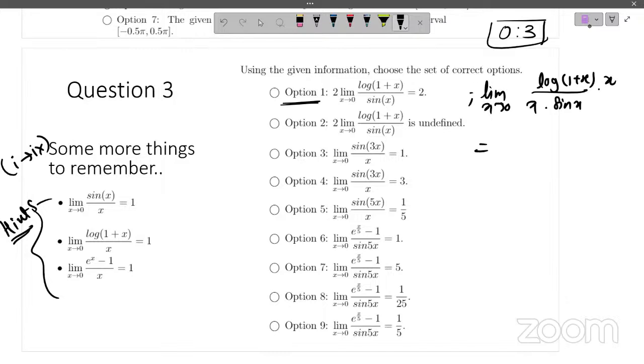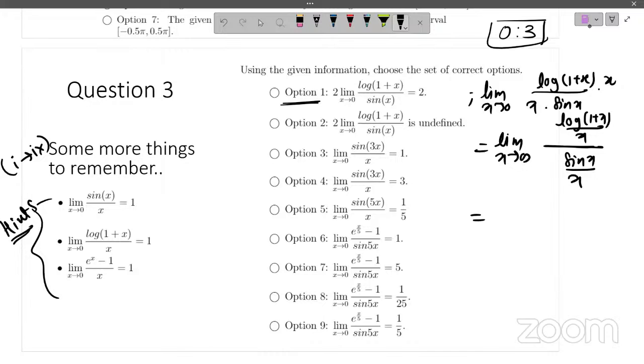Now here you get some intuition: instead of sine x by x, we have x by sine x. So we will try to split them up. It becomes log of 1 plus x by x, and sine of x by x, right? Now this is something like an by bn case, where we know the limit of this term, and we also know the limit of this term separately. Now we want to find the limit of their quotient.